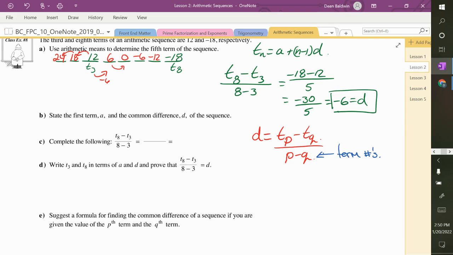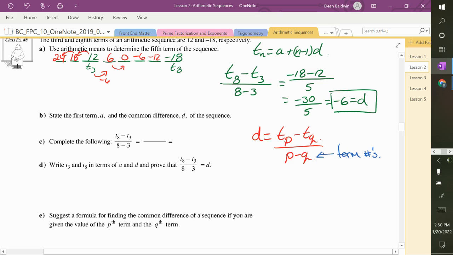Does that make sense? Just subtract the terms, the difference between the terms, that's the T's, and divide it by the difference between the term numbers. And that'll give you your common value, or your common difference, which is d. Okay?